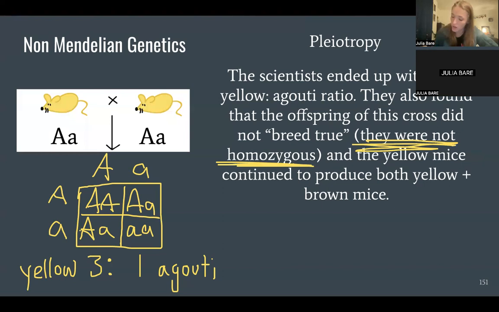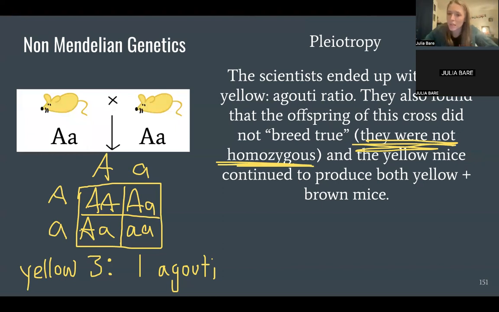If you were to breed a yellow mouse with another yellow mouse, you would continue to get agouti mice, and there was no purity in the yellow characteristic. You never got a yellow mouse that only produced other yellow mice.